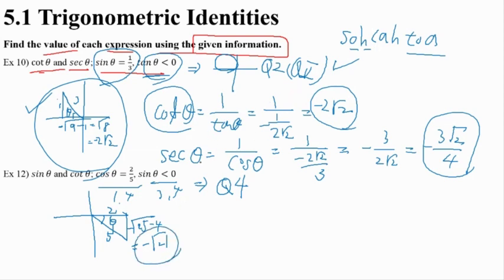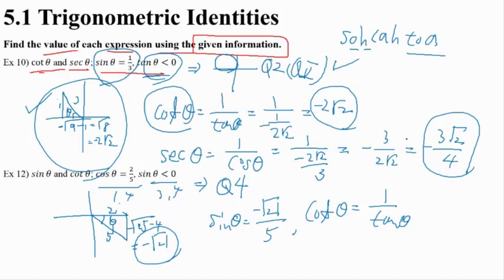Alright. Okay, so what's the sine? Sine theta, hypotenuse is the 5, right? And opposite, negative square root of 21. Okay, and cotangent theta means 1 over tangent theta, right?